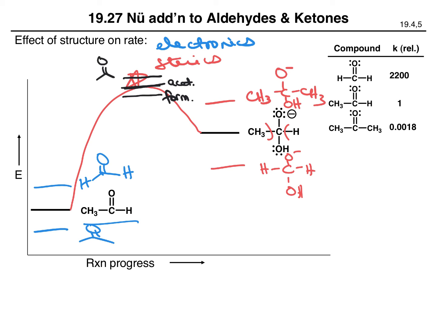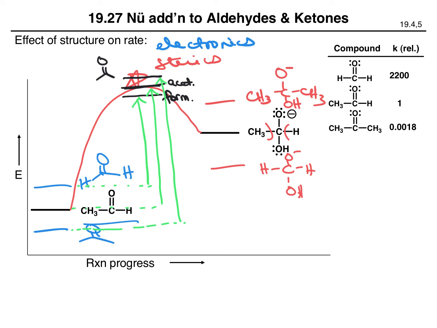So now when we look at the rate of the reaction for formaldehyde, this is the activation energy. For acetaldehyde, this is the activation energy. And for acetone, this is the activation energy. And that is exactly what we see here.